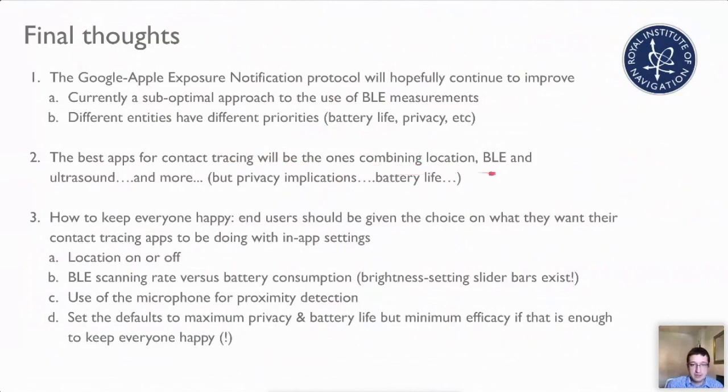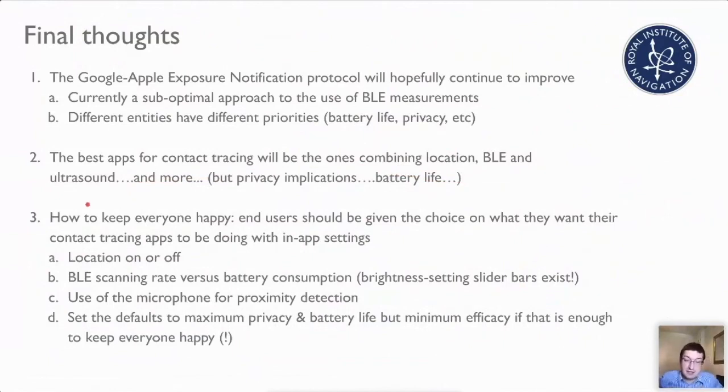It's obvious to anyone that's ever worked in location and sensor fusion that you must combine various sensor technologies to get the best possible performance. And so this will come combining more than just Bluetooth in order to get the best possible performance and minimize those false positives and false negatives.